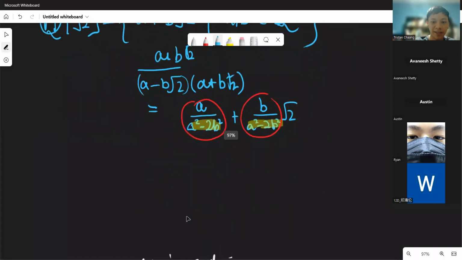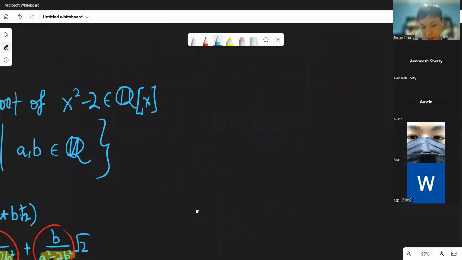But let's look at the example given on that page, section 2, building larger fields. It's the same thing as the example we did just now for Q, so I'm not going to write it down anymore.